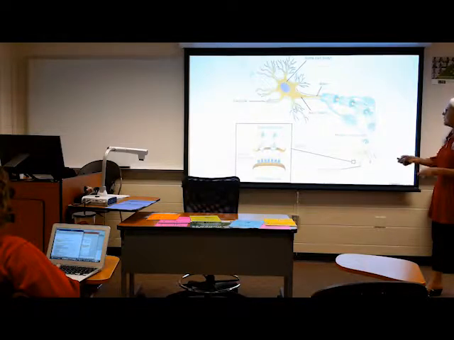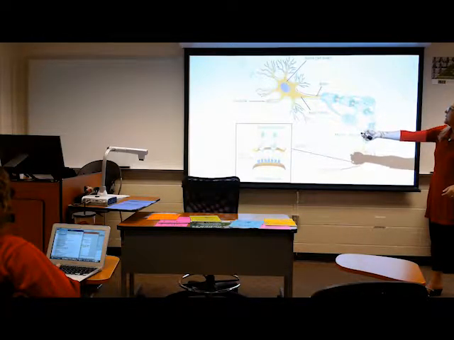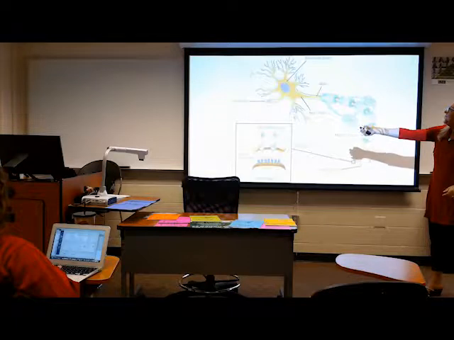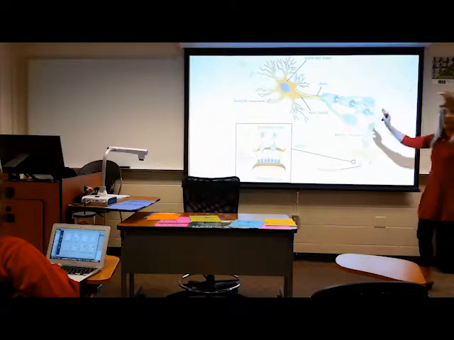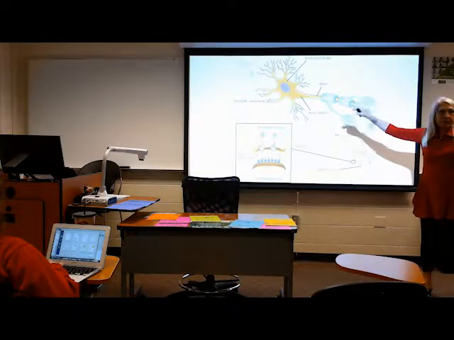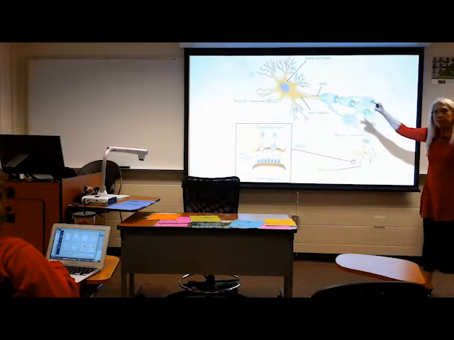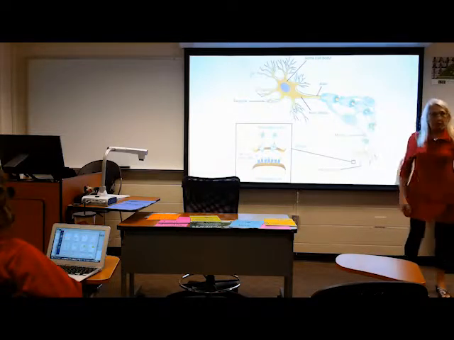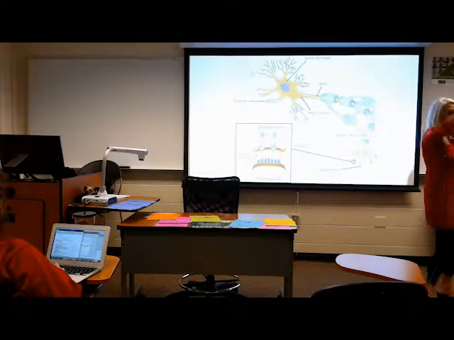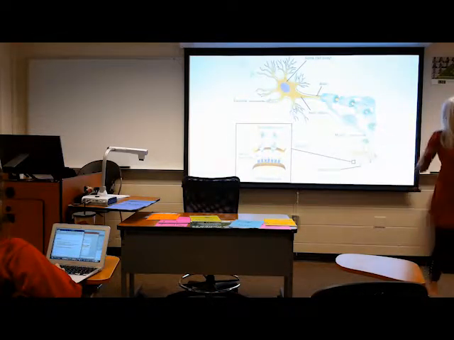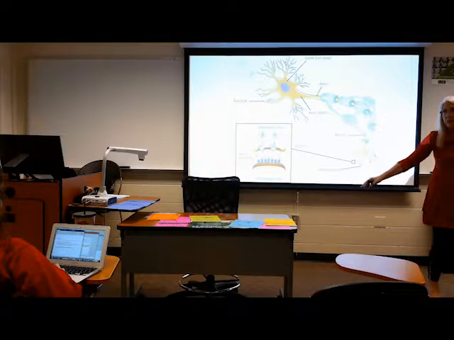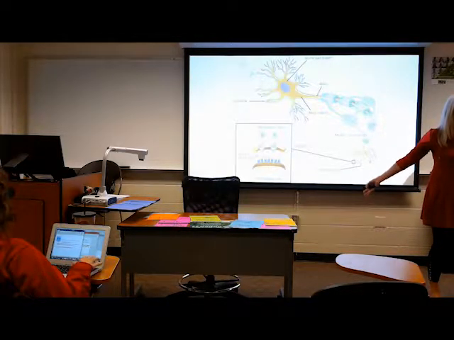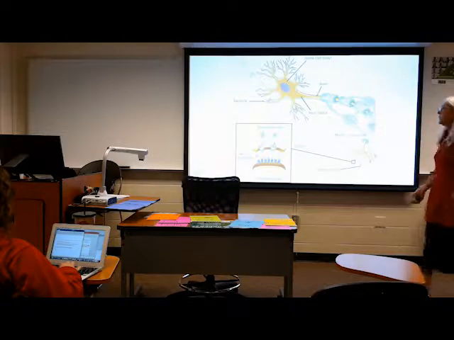I'll be a dendrite. Do you see here where it goes from this, which is the axon, and these dendrites? Oh, I got a connection there. So if you're a dendrite, your back is to the cell body, and you're reaching like this, because you want information from the environment. If you don't have information from your environment, you're not going to know what's going on. So they're all trying to get that information.